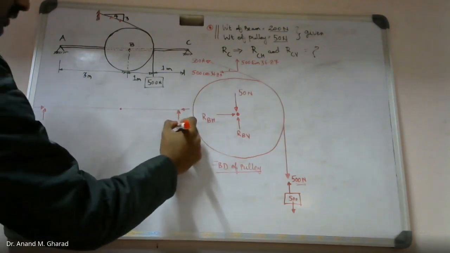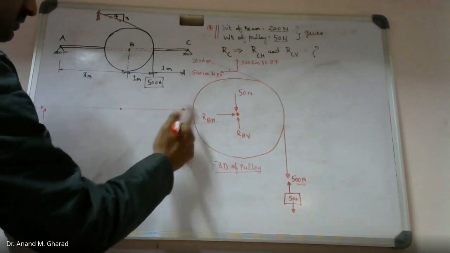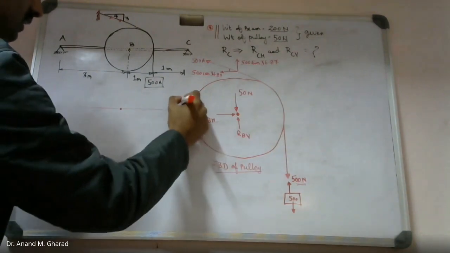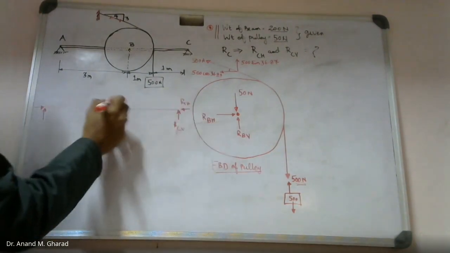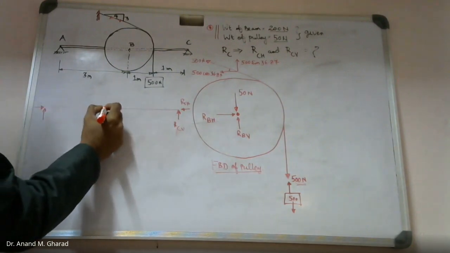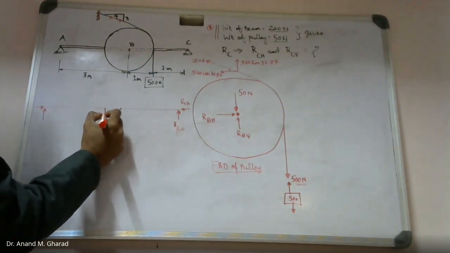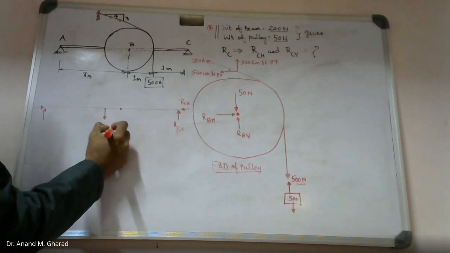So this is RCV, this is RCH. Okay, then there is a self weight which is of 200 Newton, right?